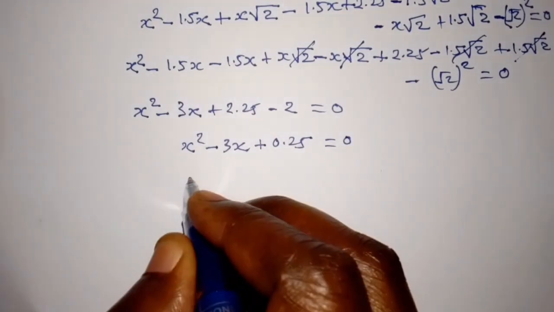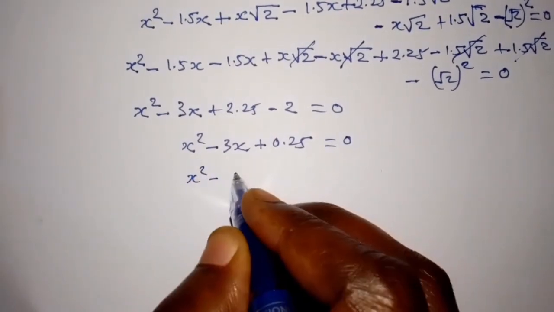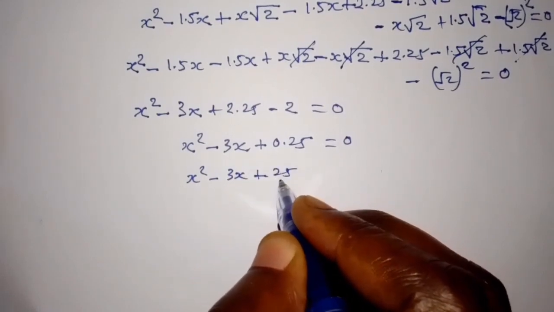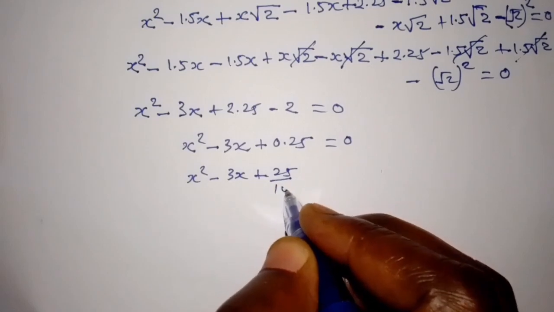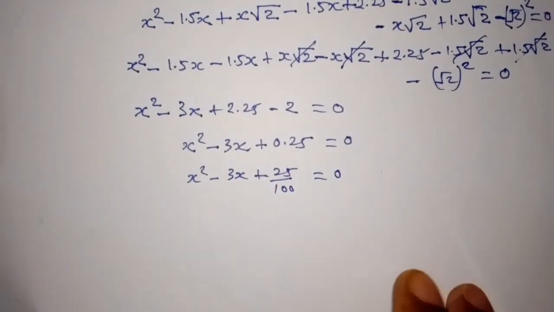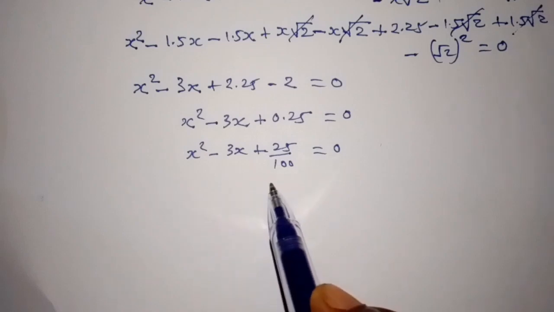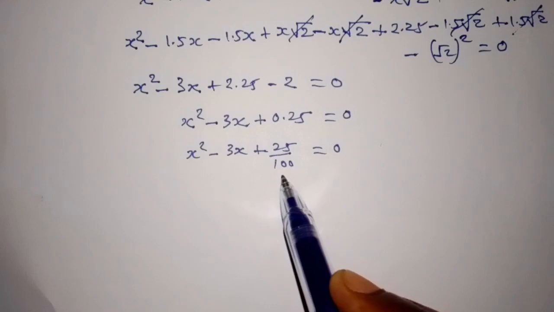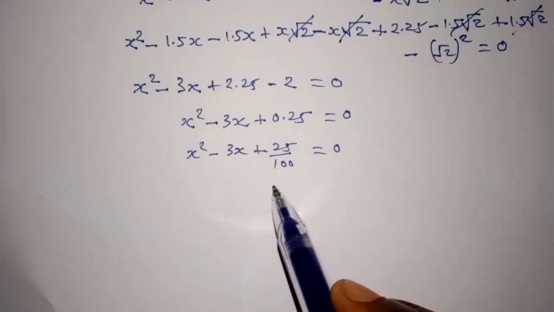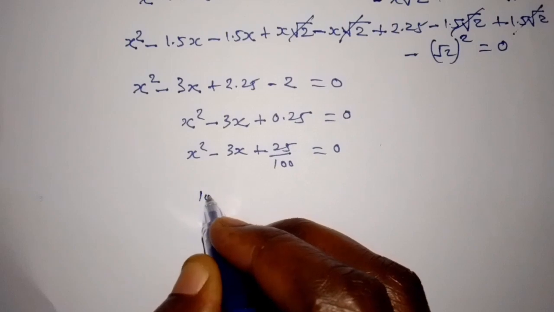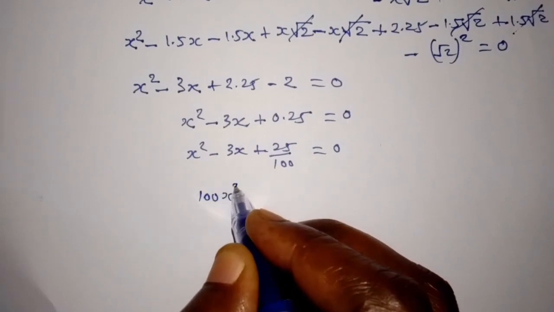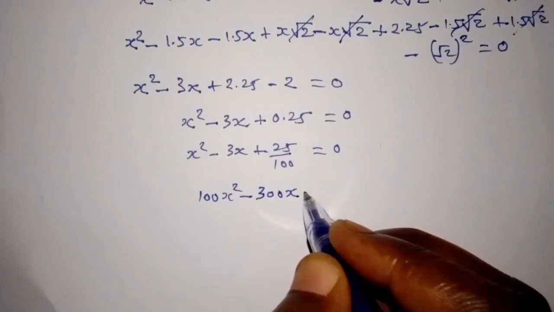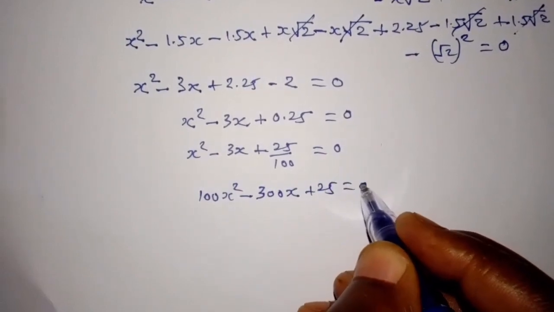We can write this as x squared minus 3x plus 25 over 100 is equal to 0. We can multiply all through by 100 in order to get rid of this 100 in the denominator. So this is 100x squared minus 300x plus 25 is equal to 0.